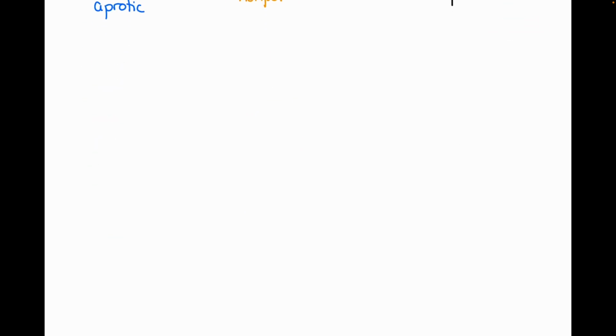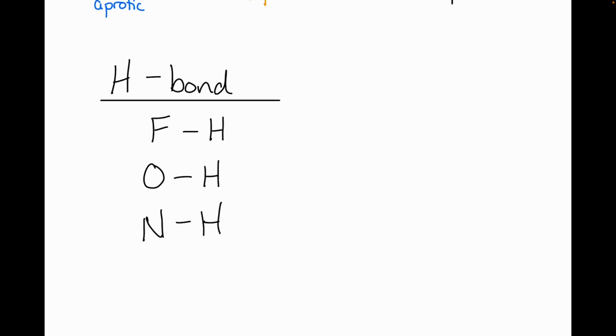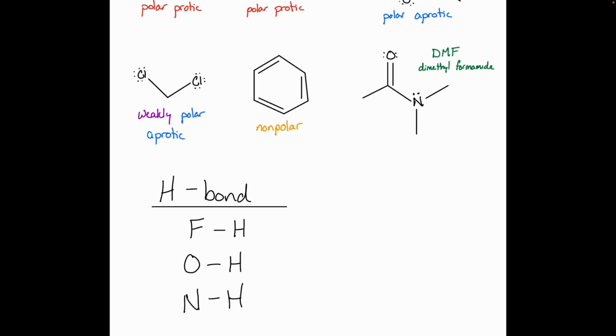Remember, in order to H bond, you must have either a fluorine-hydrogen bond, an oxygen-hydrogen bond, or a nitrogen-hydrogen bond. Does this have any of those? No. So this is another great polar aprotic solvent.